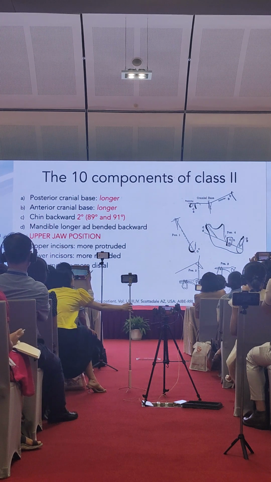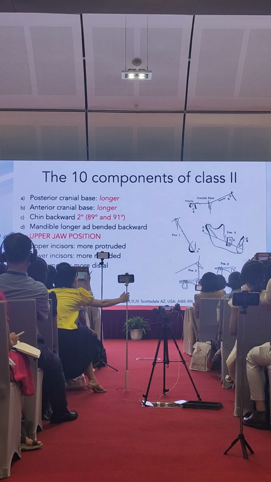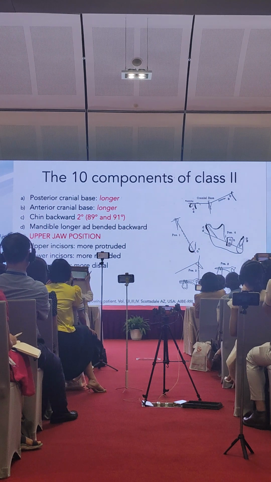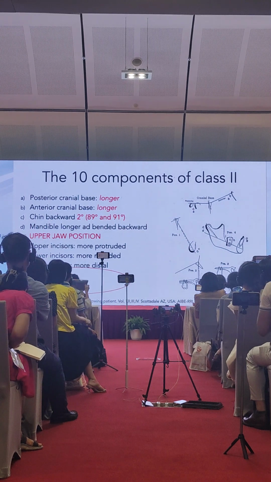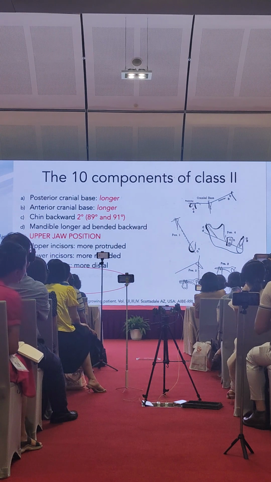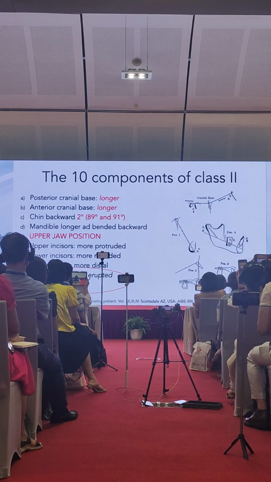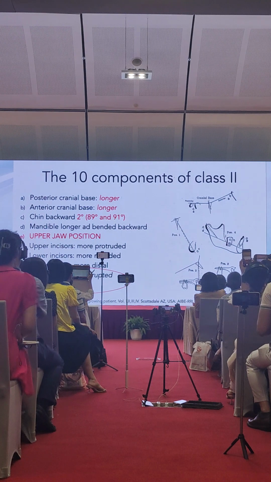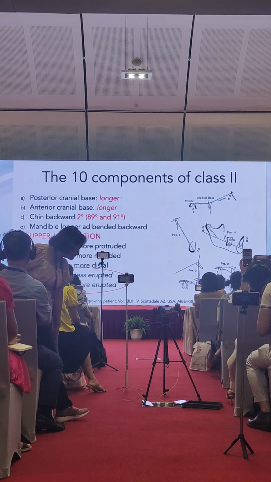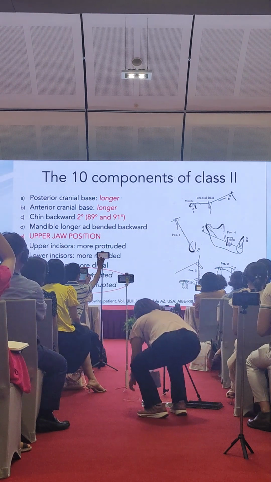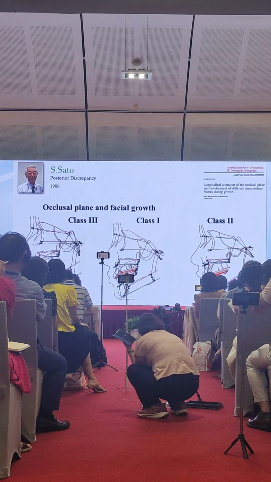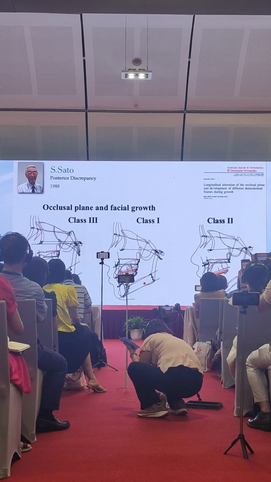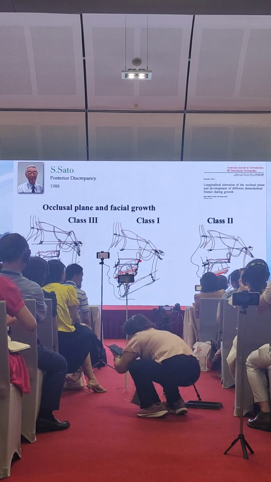And we recently added 2 other components that Ricketts described, but he never listed. Sato emphasized in the last 30 years that the upper molars are less erupted in class 2, and the lower molars are more erupted in class 2. So this is from Sato, and you can see that this is the normal growth that we call class 1.